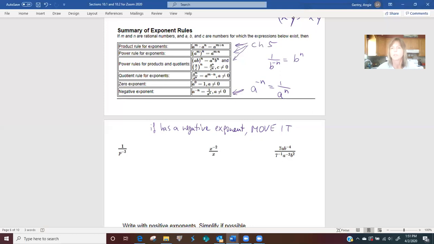And if you have something that looks like this, so let's say you have a fraction, this one has a negative exponent, this one has a negative exponent, then you say, oh, well, I have to move this one downstairs and make that exponent positive.